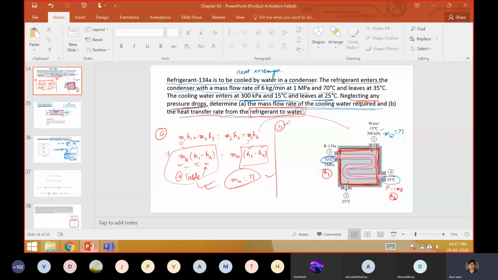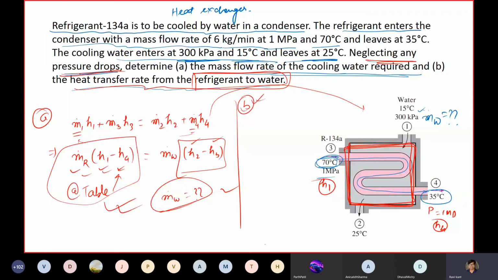So let me proceed with the second part, that is the heat transfer rate from the refrigerant to water. For that, I have already told that I need to make my control volume as this only. So this is your control volume. Now when you choose this as a control volume, you are a step towards writing how much heat has been transferred from refrigerant to water.